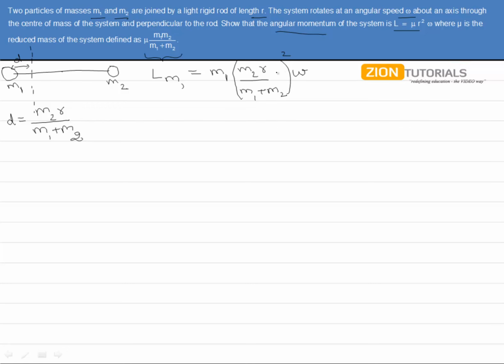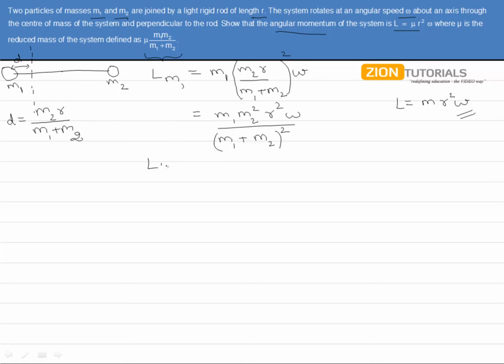You might be remembering this formula from the beginning itself, that L is equal to m r square omega for a particle. So we get m1 m2 square r square omega upon m1 plus m2 whole square.